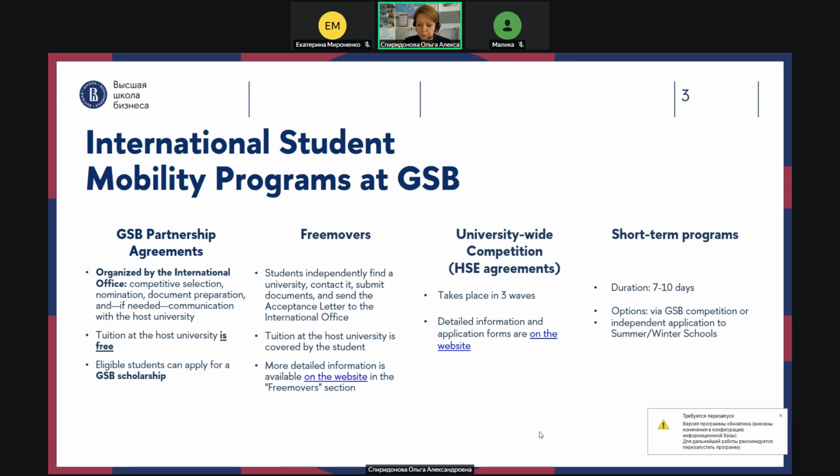In this case, you pay for the education at the accepting university, and also if you are a fee-paying student, you also pay here at GSB. We have more detailed information on our website.